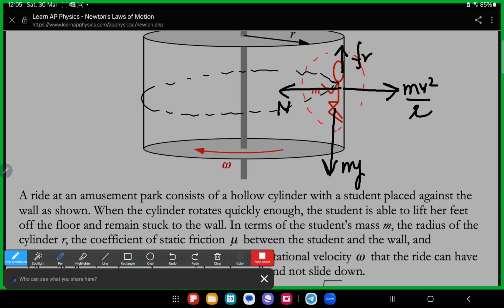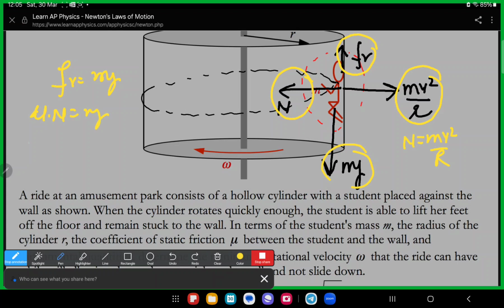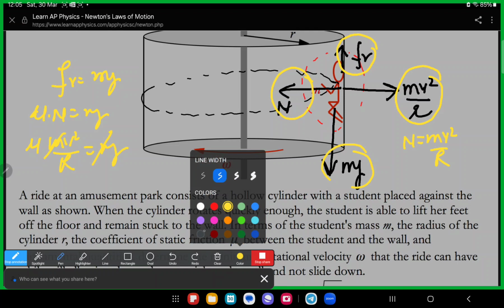And since it is stationary, always remember stationary means leftward force and rightward force should be equal. So N is equal to mv square by r, and upward force is equal to downward force. So that is Fr is equal to mg. What is Fr? Mu into N is equal to mg. So mu, what is N here? It will be mv square by r, that is equal to mg. M and m get cancelled out.